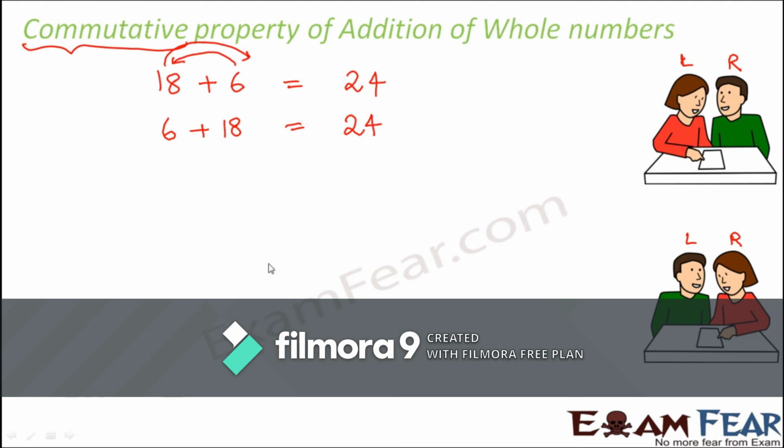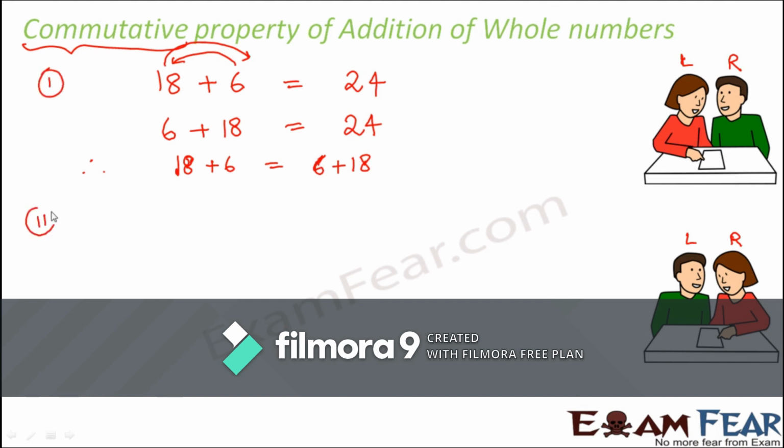The result would still be 24. So this shows that 18 plus 6 is equal to 6 plus 18. So when you add two whole numbers, even if you interchange the positions, the result still remains the same. So this is one example.